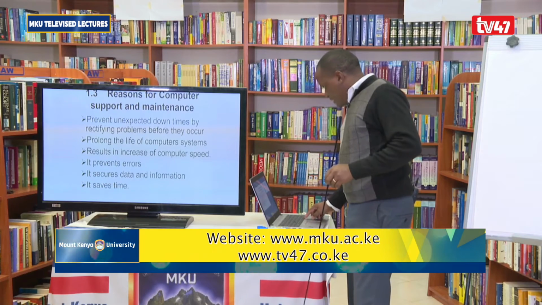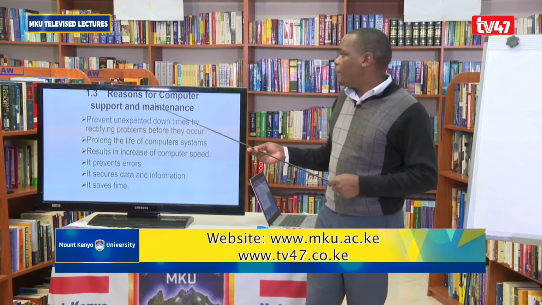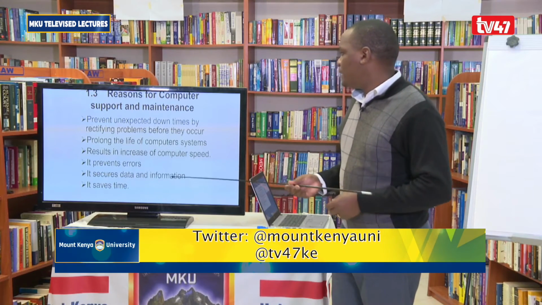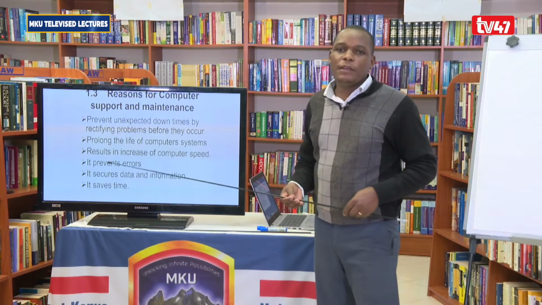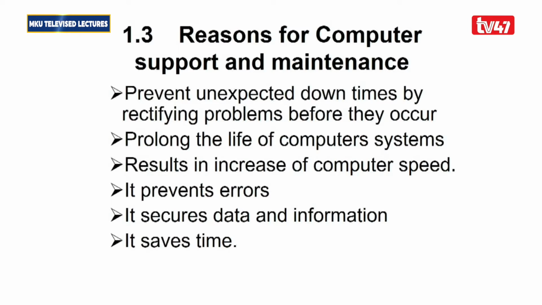What are the reasons why we perform support and maintenance? When you carry out support and maintenance, you prevent unexpected downtime of the computer, thereby rectifying problems before they occur.